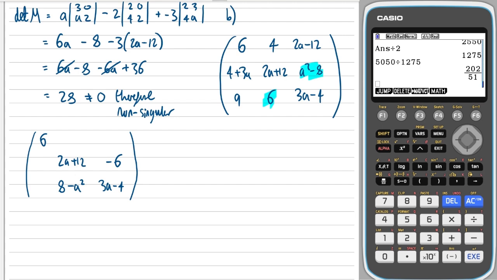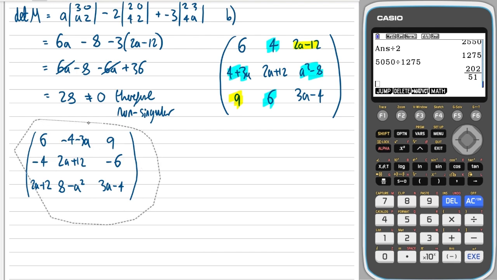And then we'll do the same for these two, swap these two over, and their signs will change. So that's minus 4 here, and that is minus 4 minus 3A. And then finally, these two corners swap over, but their signs don't change. So we get 9 up here, and we get 2A minus 12.